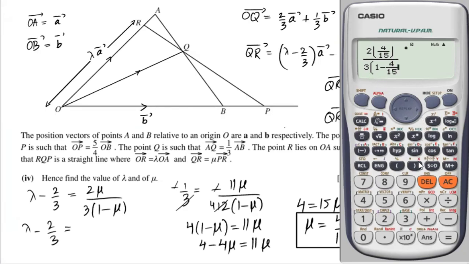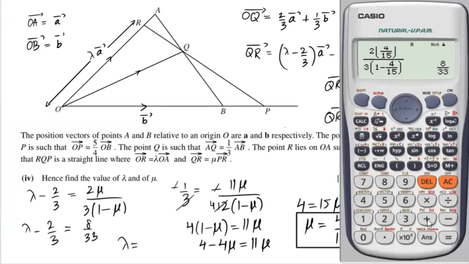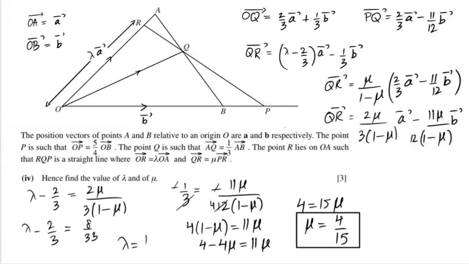Okay, so I'm making my calculations simpler. This is 8 over 33. So now lambda is going to be, just add 2/3. And this is 10 divided by 11. And these are the answers for part 4.